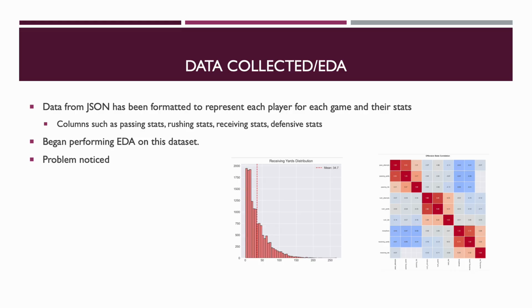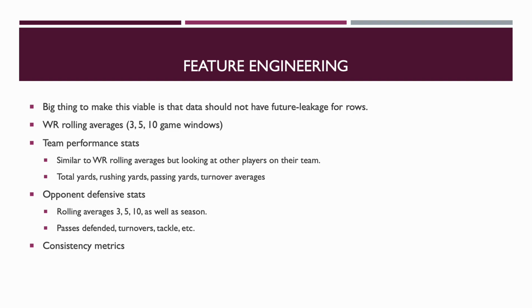So what I've learned from that was that before I could do a full-blown EDA deep dive into my data, I needed to engineer some features to append onto the receivers that I'm trying to predict and get a complete sense of how they may perform.